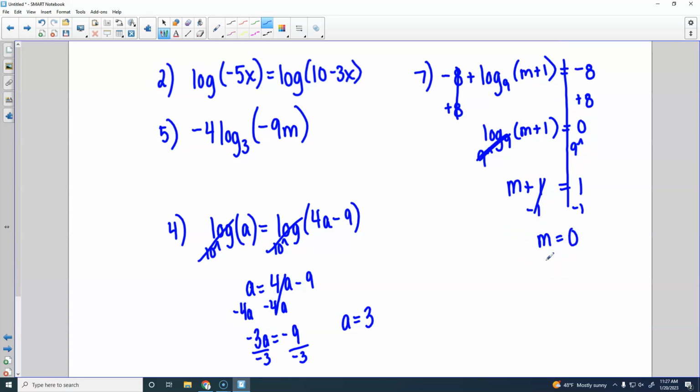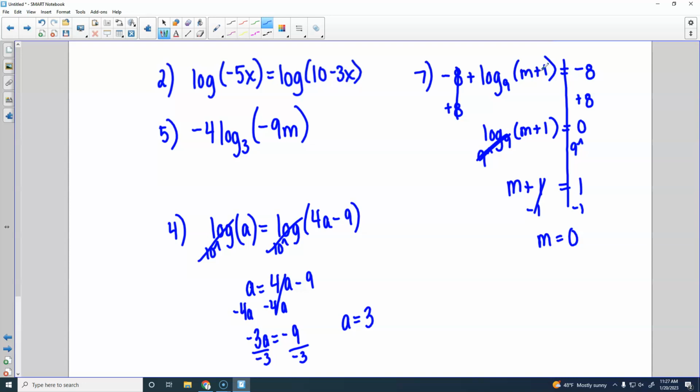Now, this might be alarming, like, uh-oh, we can't take log of 0, but if I plug 0 back in, do I have a 0 or negative in the log? 0 plus 1, so it's still okay for this one. Okay? All right, so the front side is really all things that we have done before.